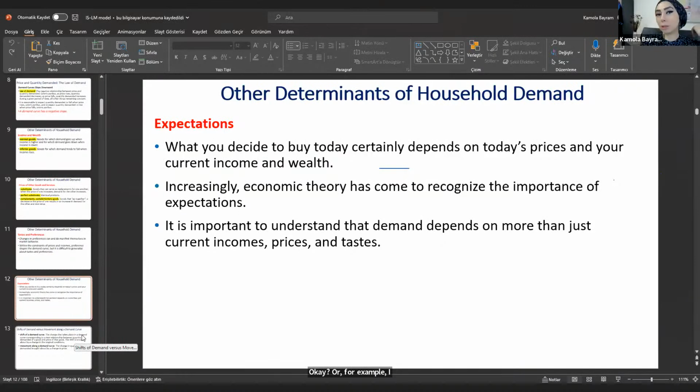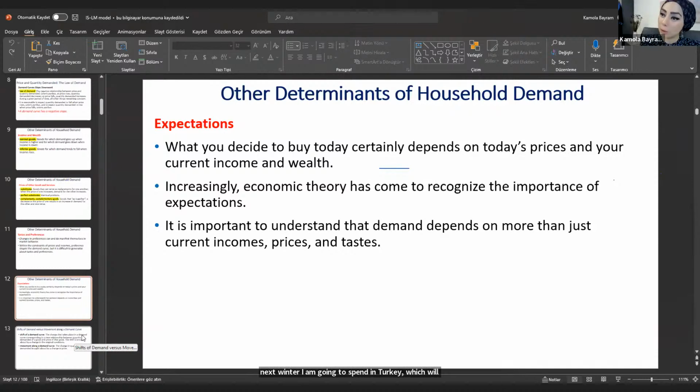We have like two seasons until winter, but I know that coming winter, the winter clothes will be very expensive. So I will buy it today on discount, right? That's also my expectation, because I expect that next winter I am going to spend in Turkey, which will be a cold winter with heavy snow.